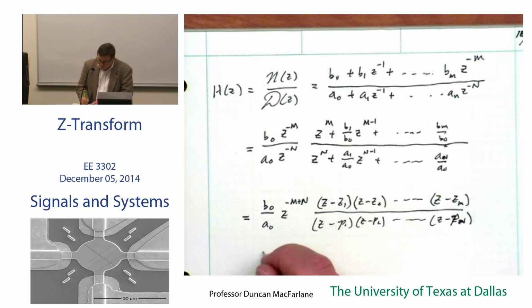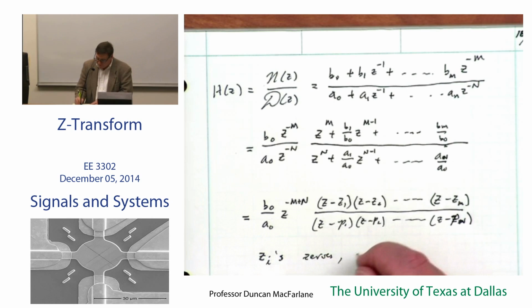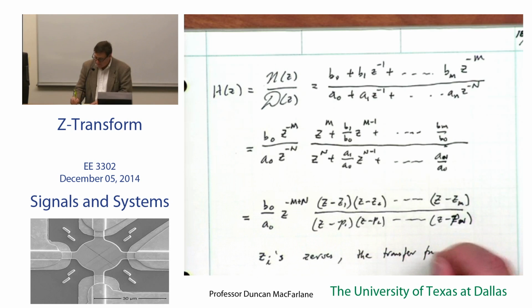So all the zi's are the zeros, and just to remind you, that's where the transfer function goes to 0.